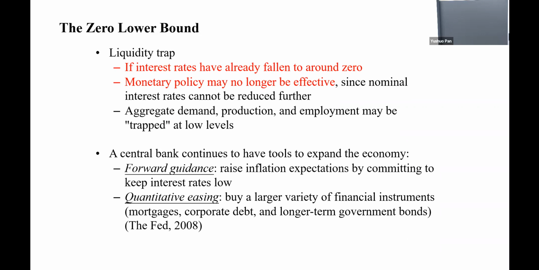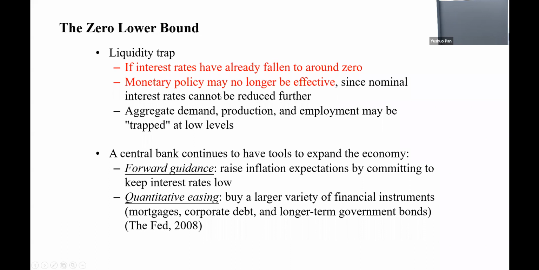Because if the Fed decreases the money supply, that will raise the interest rate. If the Fed increases the money supply, then the interest rate is lower. That will increase the total aggregate demand.